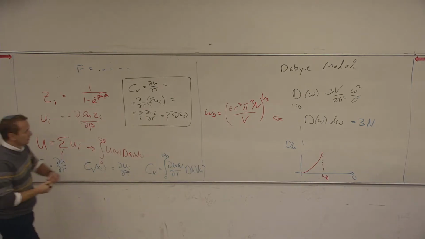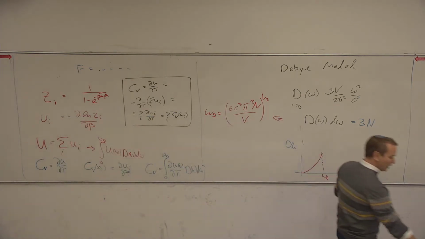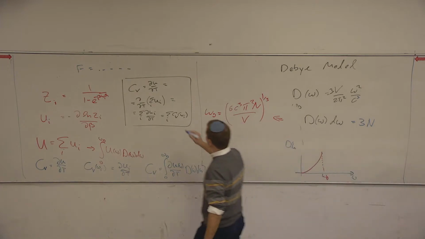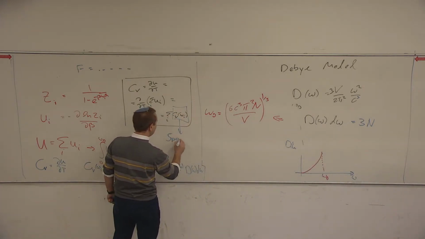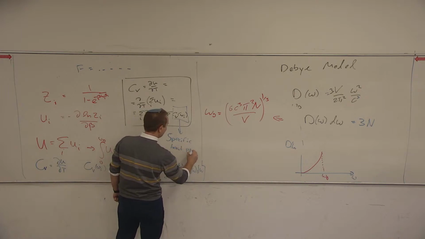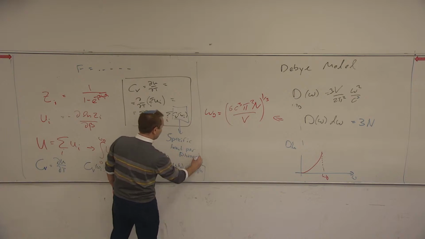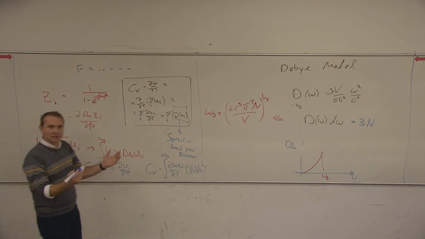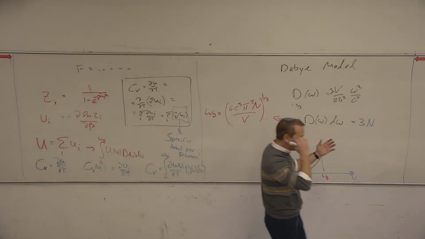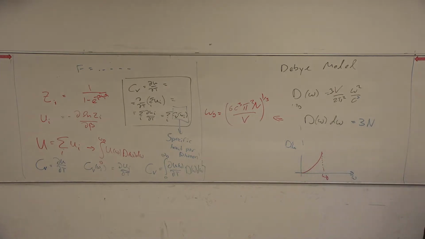And those are just the specific heats, the specific heat per phonon. All of this is possible since they are not interacting. This is why it's doable, and this is why it's simple.